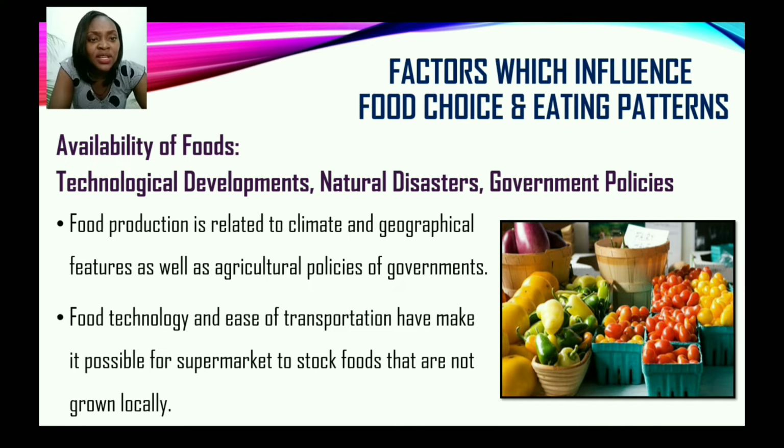Now, food technology and ease of transportation have made it possible for a supermarket to stock foods that are not grown locally. So food technology allows food to be in the country that is not grown locally. So you may find out that persons' food choices are influenced by that, right?